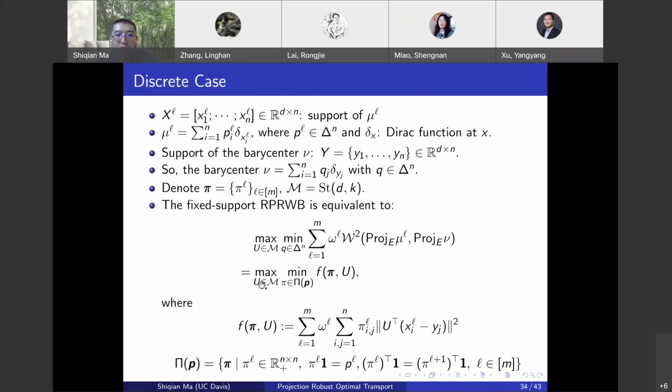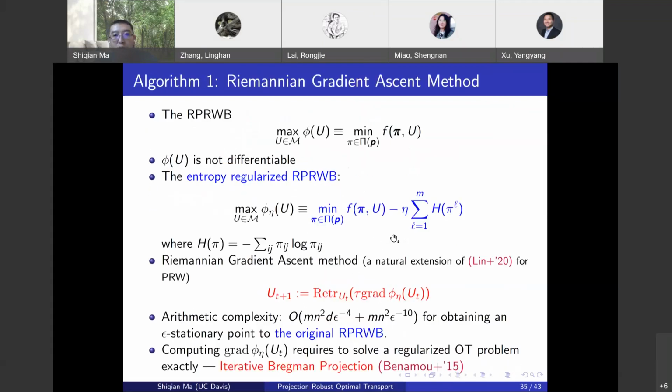For the max part, we have a matrix U that satisfies the Stiefel manifold constraint. So we can use a similar idea as in the projection robust Wasserstein distance problem. We can design this Riemannian BCD algorithm, and similar to the work by Lin et al., we can also design the RGAS algorithm.